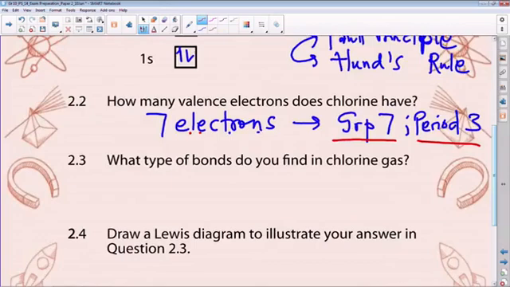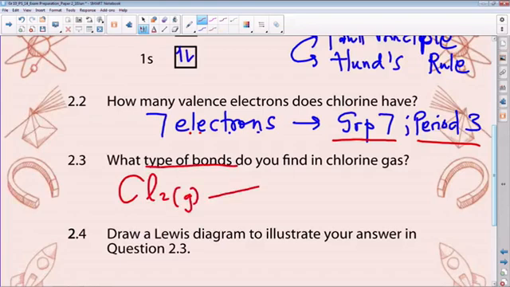highest energy level. So it says, what type of bonds do you find in chlorine gas? We know that chlorine is a molecule of an element. Hence, we said its formula is Cl2 gas. So the type of bonds in this case are the covalent bonds.